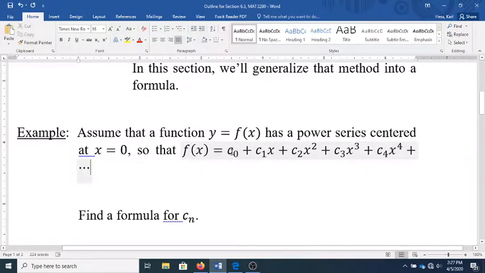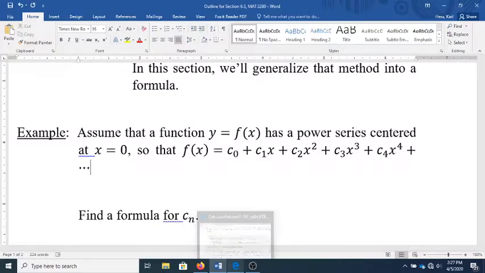Now the idea is that those constants change from term to term, so they're a function of n, where n is just tracking what term we're in. We have figured them out for some specific functions, but now let's do it generically so we can get a formula for the nth constant as a function of n. So a formula for c sub n in terms of n.